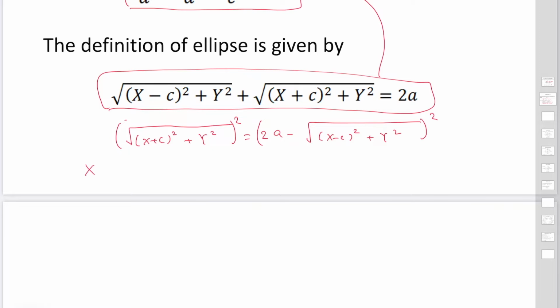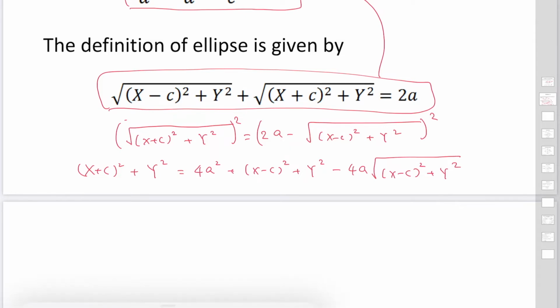Then (x plus c) squared plus y squared equals 4a squared plus (x minus c) squared plus y squared minus 4a times the square root of (x minus c) squared plus y squared. Then if you look at both sides, y squared appears and can be cancelled out.